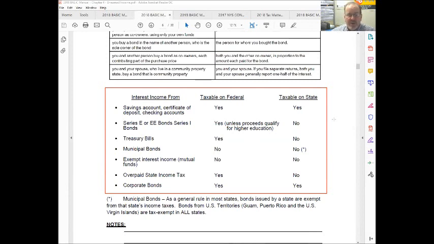But if I am a resident of New York, and the fund is buying bonds in Ohio, Pennsylvania, and New York, only the interest from New York is tax-free in New York. I have to pay tax on the state bond interest that I may get from Ohio and Pennsylvania, okay? So that's an important one to understand, that there's an exception there.